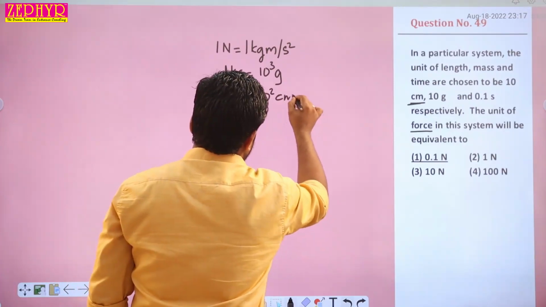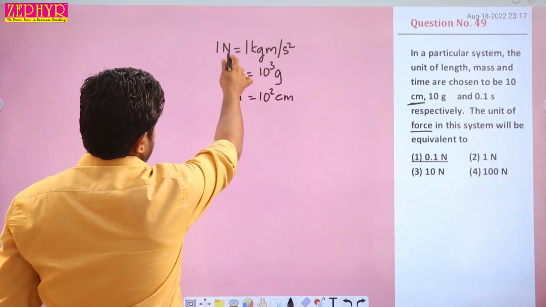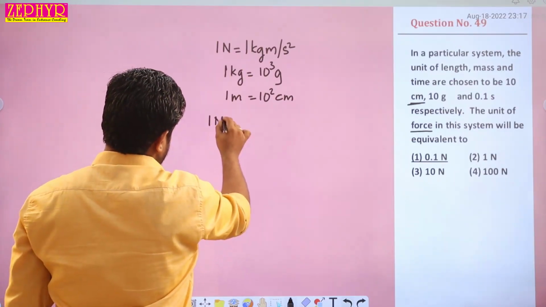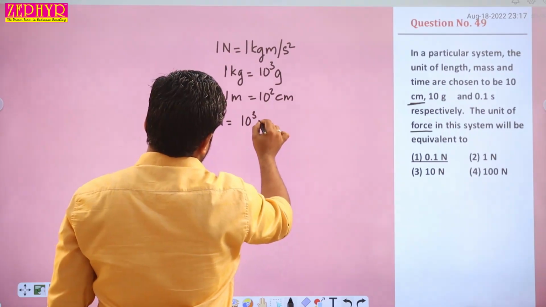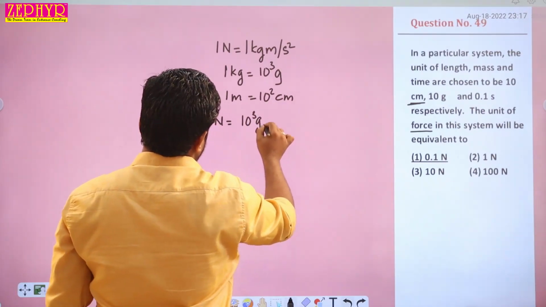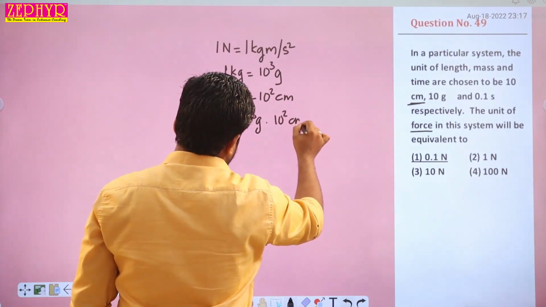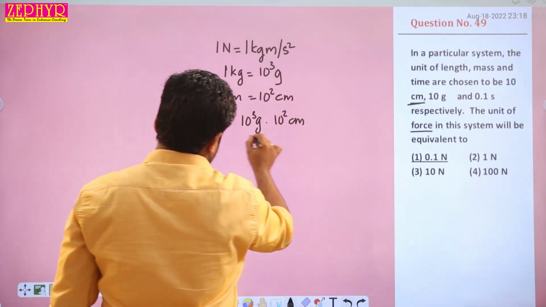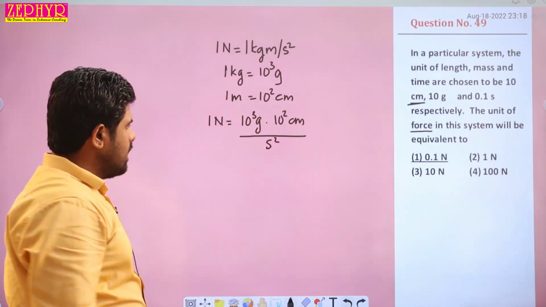So now I rearrange this value: 1 Newton is equal to 10 raised to 3 gram into 10 raised to 2 centimeter, all divided by s square.